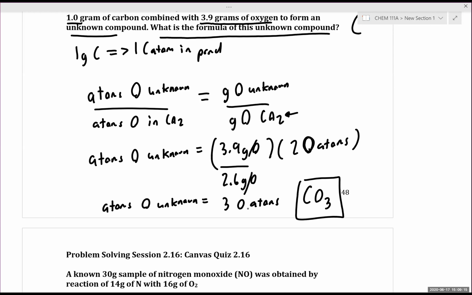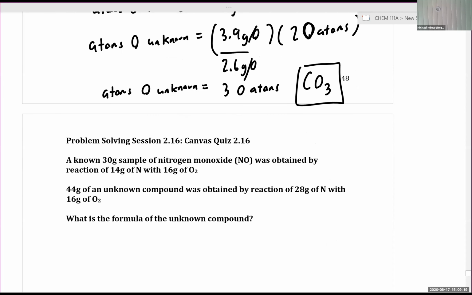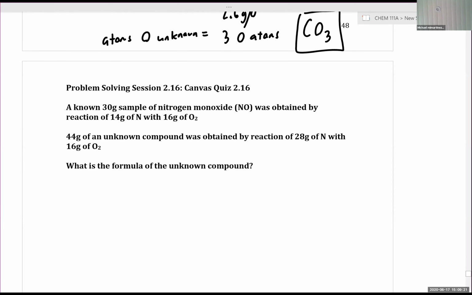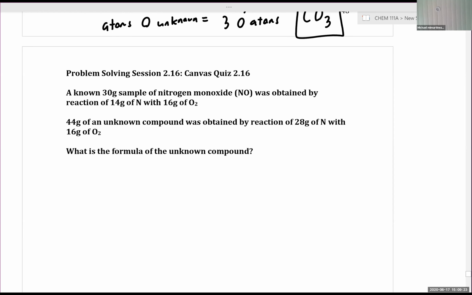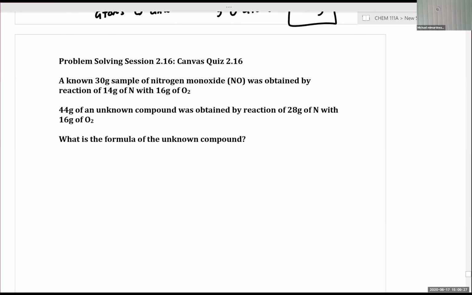Thank you. So let's now check to see how comfortable everyone is with these calculations by opening up problem session 2.16. I'd like you to tell me the formula of this unknown compound given the following data.